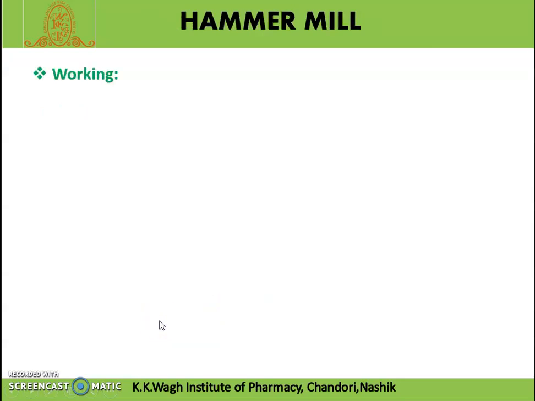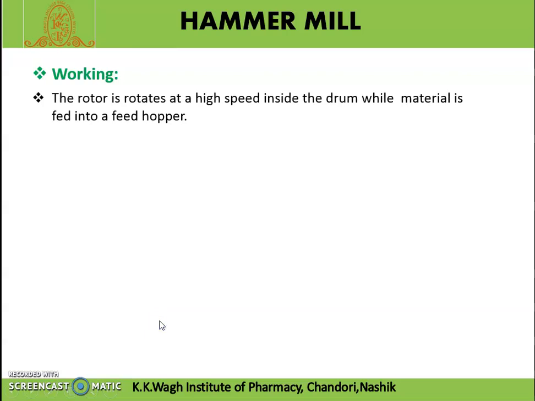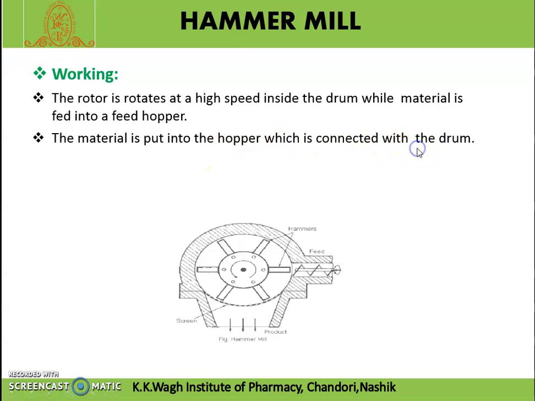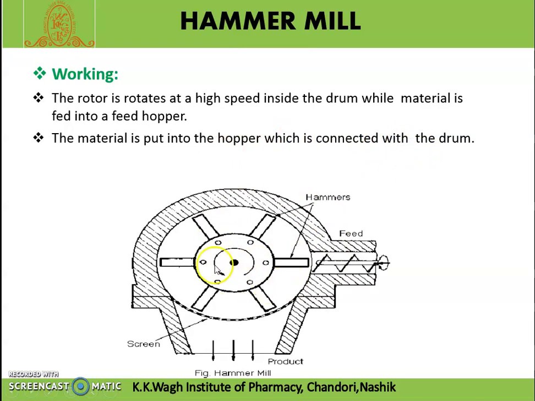Let's see the working. In the working of the hammer mill, the rotor is rotated at high speed. We can see the different speeds. The material is put into the hopper, which is connected with the drum. This is the diagrammatic representation of the hammer mill.